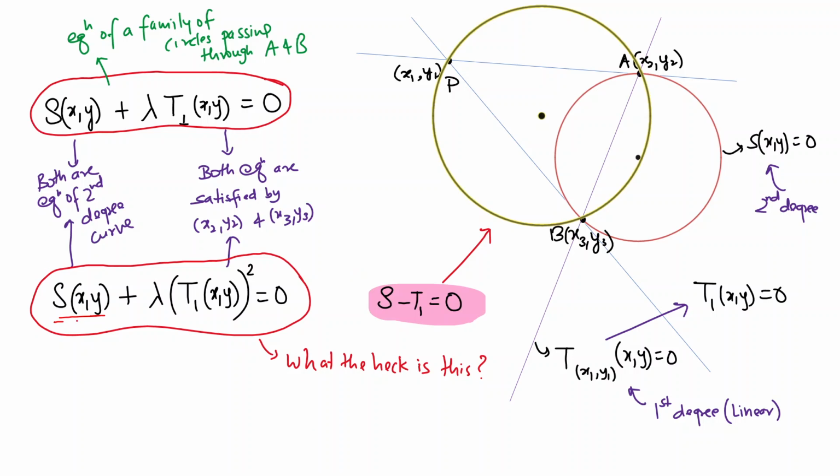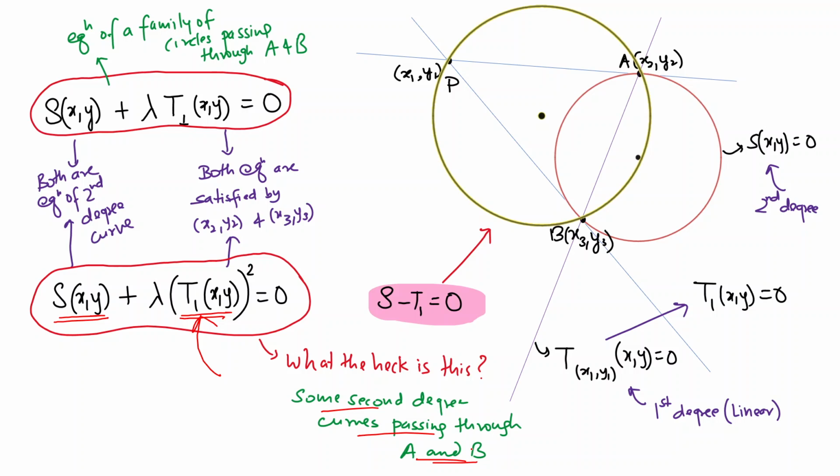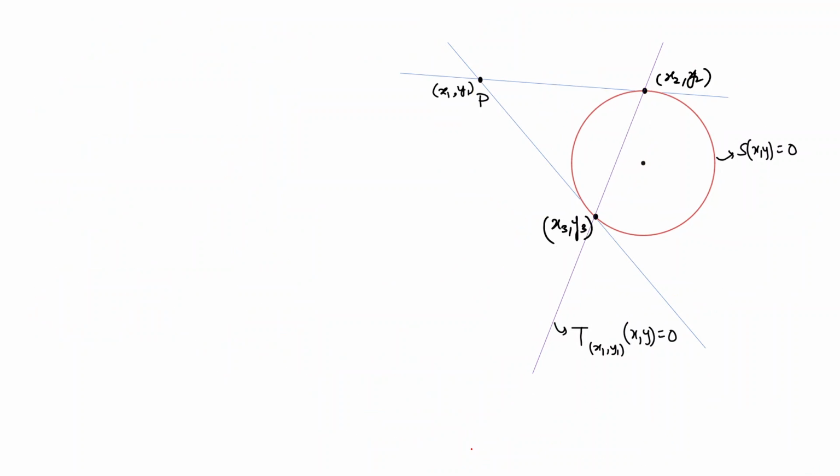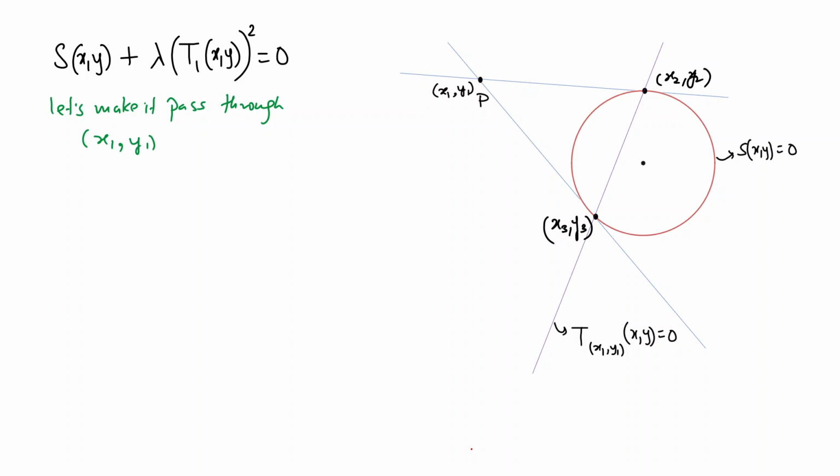Because in this the x square y square term will also come from this part, and this will make it a little bit complicated. Some second degree curve passing through A and B. What kind of? It's hard to tell. Okay, so let's analyze a little bit more. Let's first make it pass through x1 y1, because we want to get the equation of the pair of tangents, and let's make it pass through x1 y1 at least.